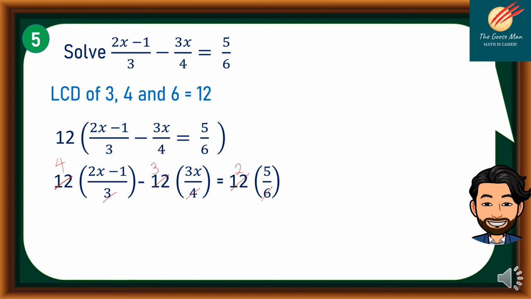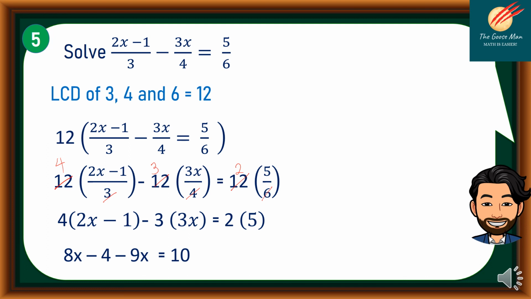So the simpler term will be 4 times (2x minus 1) minus 3 times 3x is equal to 10. Then distribute. 4 times 2x is equal to 8x. 4 times negative 1 is negative 4. Then we have negative 3 times 3x is equal to negative 9x.